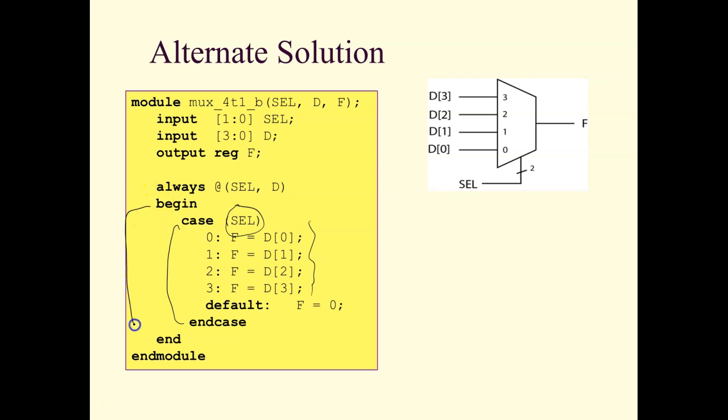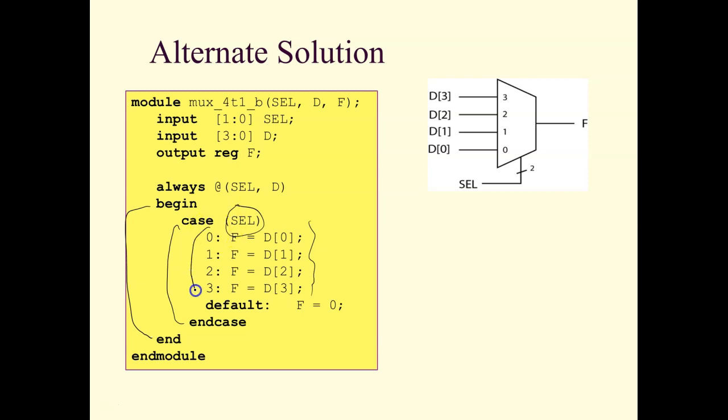It has a begin and the end, which I actually don't need because there's only one procedural programming statement here, which is that case statement. So I could technically get away without the begin and the end. But for this example, I think it looks better with the begin and the end. I think it's more clear that way.